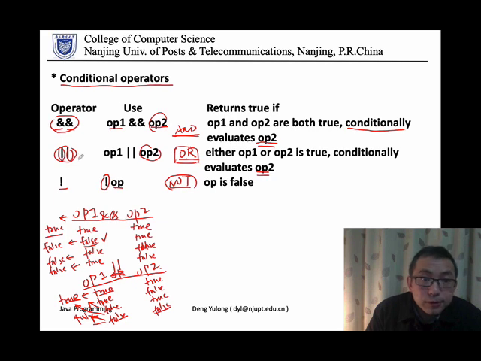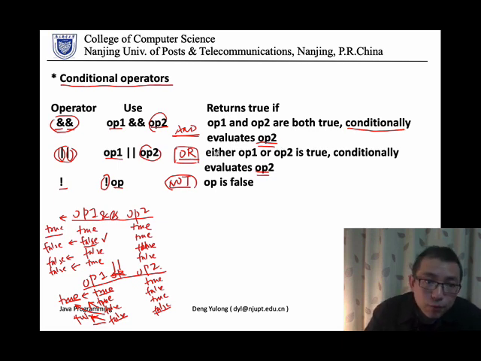And about this double bar operation, the double bar OR, if the first operand is true, in this situation the second operand will not be evaluated because the result is always true. But if the first operand is not true, it's false, in this case the second operand will be evaluated. This is what conditional evaluation means.